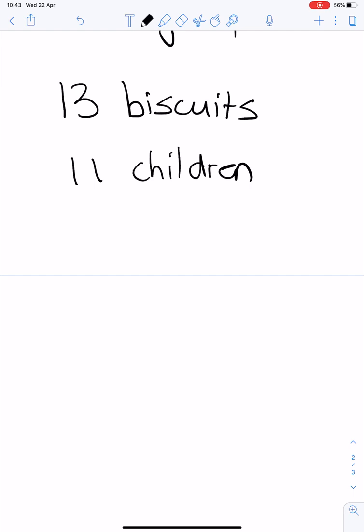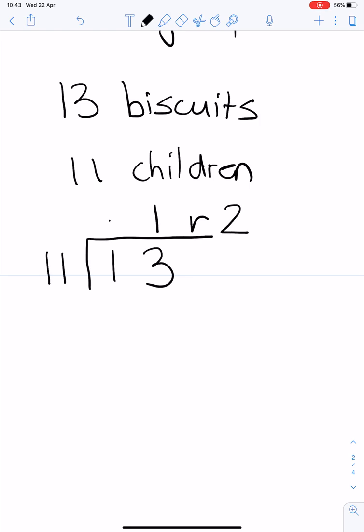Well, if we do a divide sum, 11 fits into 13 once, and there is a remainder of 2. So that means that each child gets 1 biscuit. But what am I going to do with the last 2 biscuits?